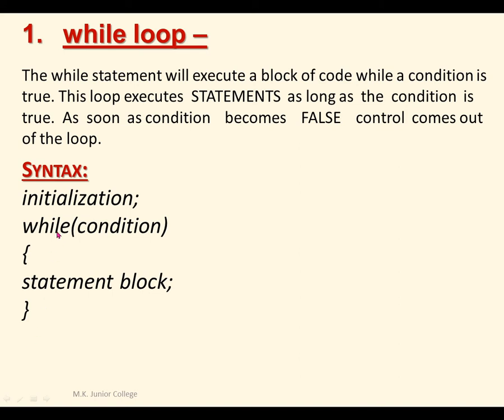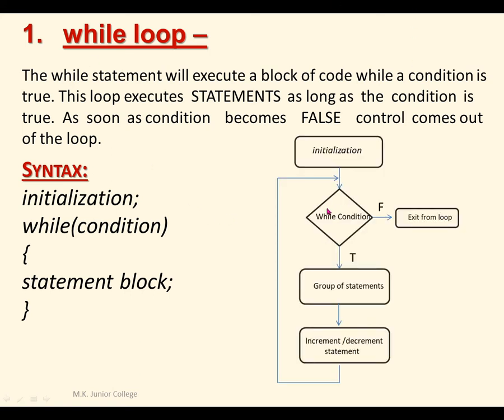We'll try to understand this syntax with the help of a flow chart. Here is a flow chart. Over here it shows the very first initialization statement, and then you come to the condition diagram. Conditional statement means here you are checking the while condition.